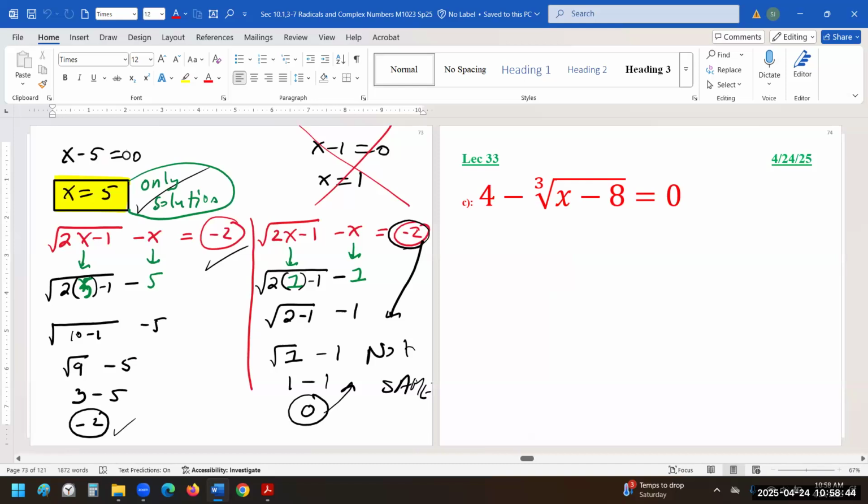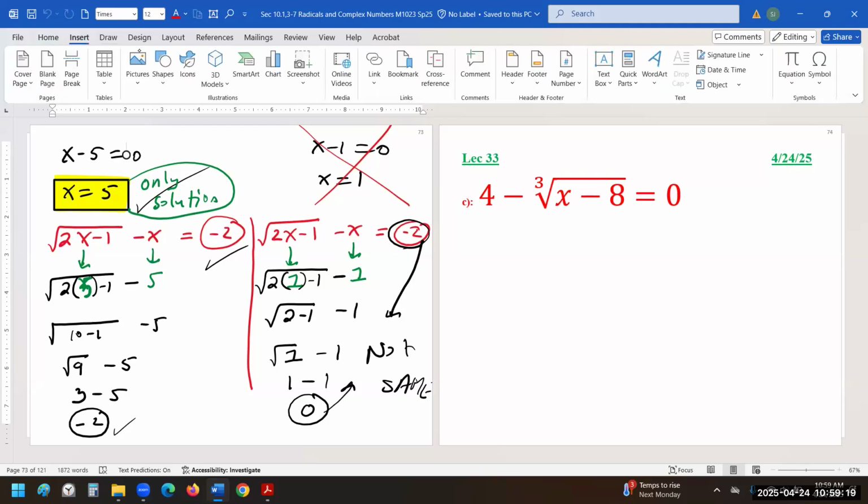So let's do one example with a cube root this time. What is our first step here? Question number 1, is our radical term alone? No. So what is our first step? Get rid of the 4.